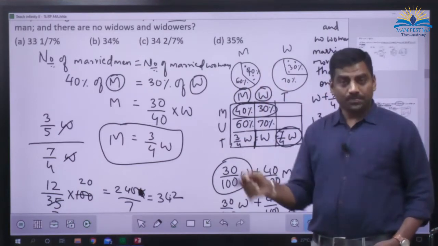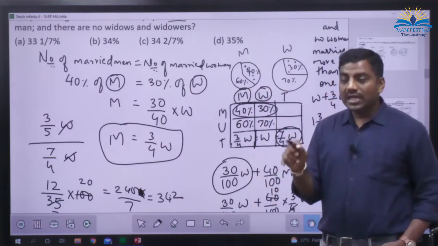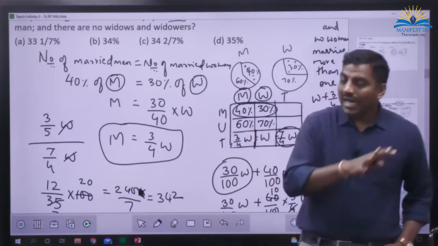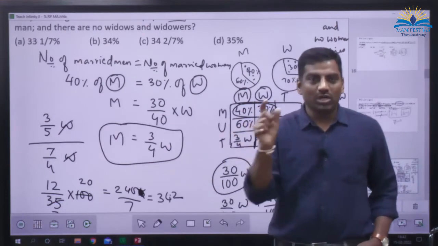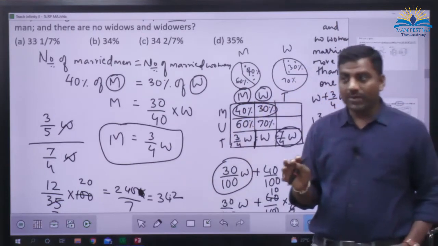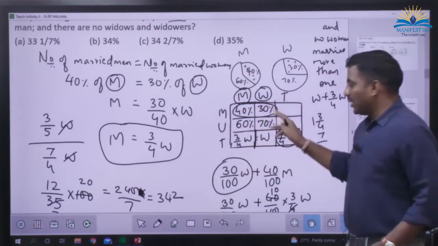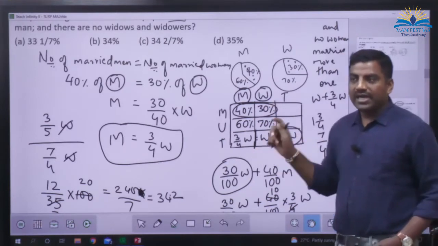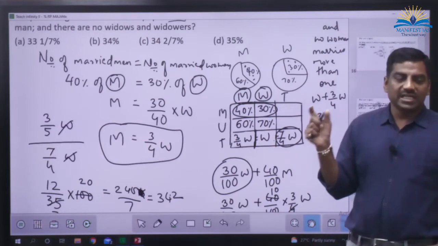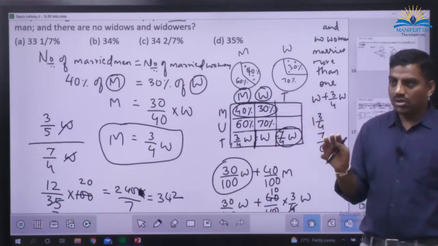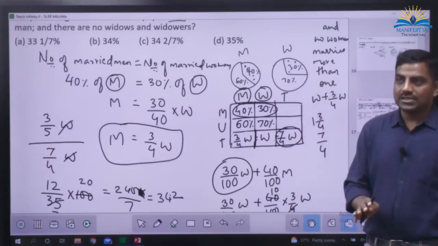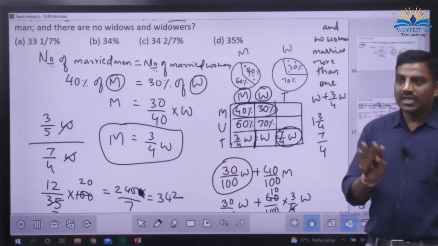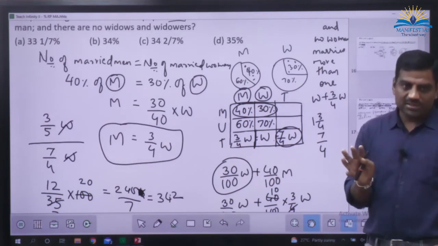From there also, to proceed, it is difficult because we have two variables here, M and W. And nothing is clear. They have given only percentage wise. Okay? To construct this one, it needs a skill. If I had written the entire equation in terms of M and W for the last calculation, then it would have been even worse.